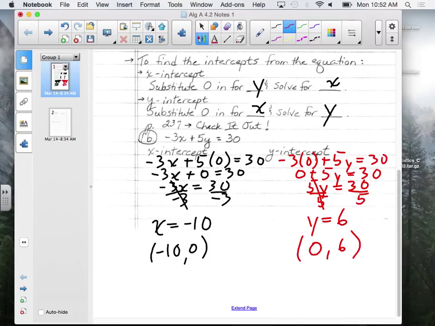It's always going to be 0. So when we're looking for the x-intercept, what will always be 0 in the equation? The y value, always. Because we're looking for the place where it's going to cross the x-axis. And what did you guys just identify a little bit ago?